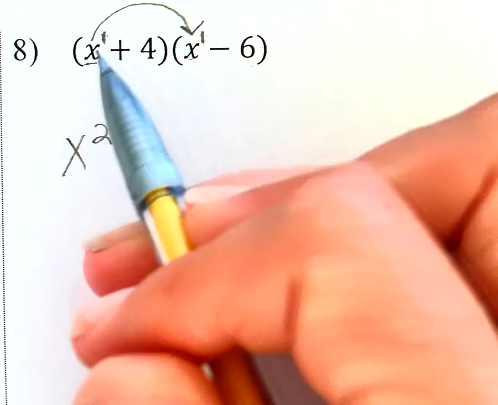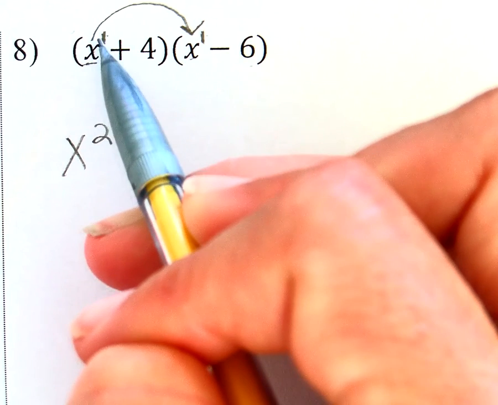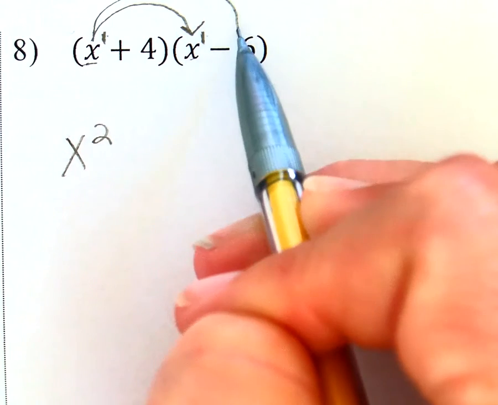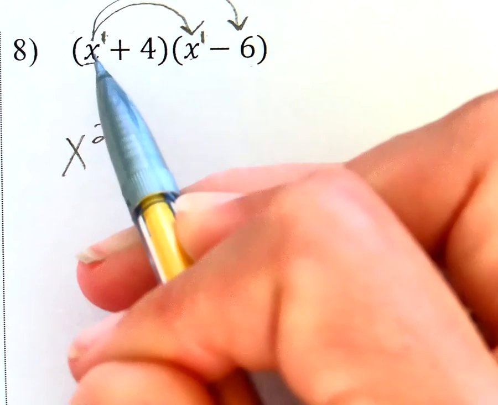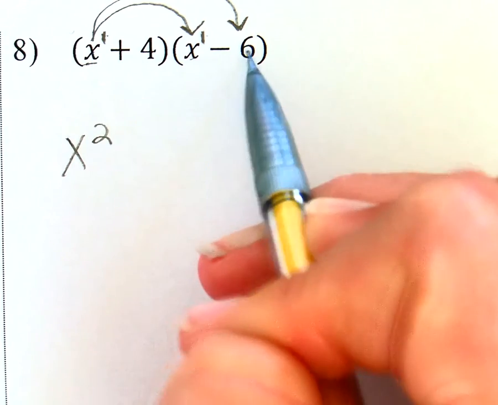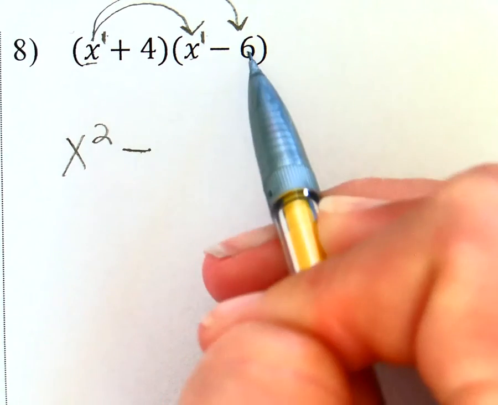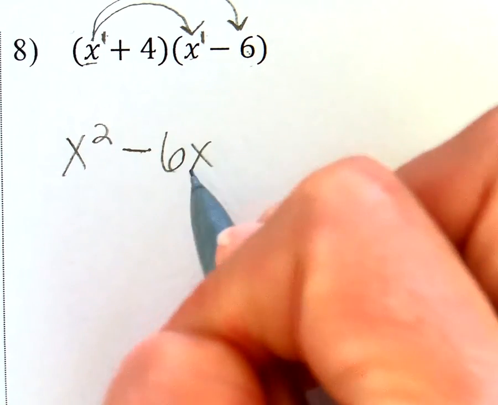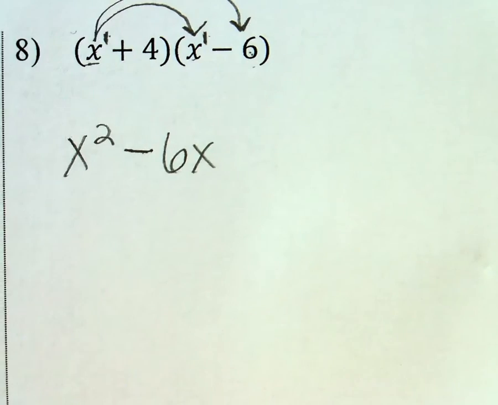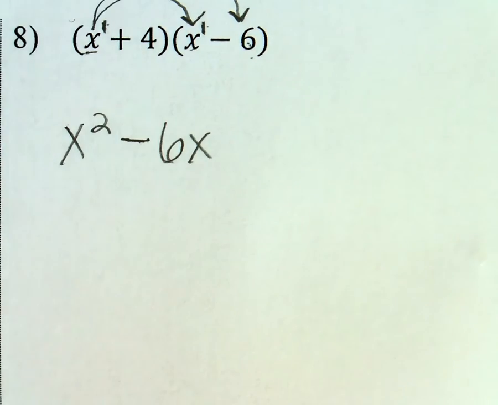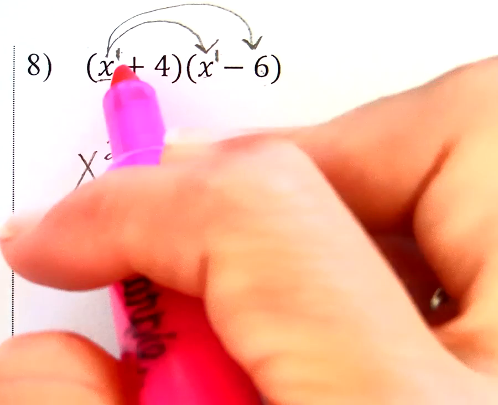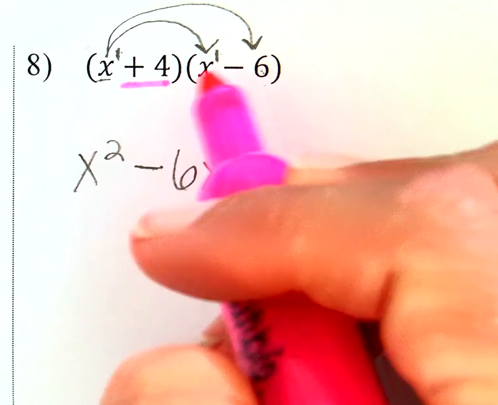Then I'm going to multiply this x by a negative 6. Okay, a positive times a negative is a negative. 6 times x is 6x. Now I'm going to multiply this second term, right, which is positive 4, by every term inside the other parentheses.